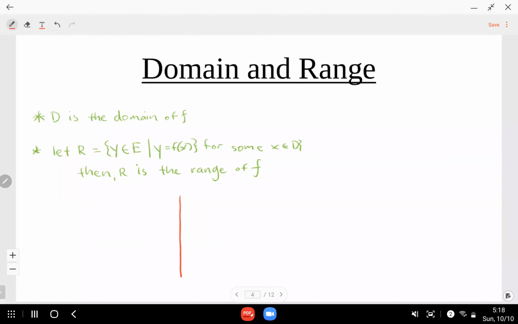That's very important. And if the domain is all possible x values, then the range would be all possible y values. So make sure you have this in your notes.